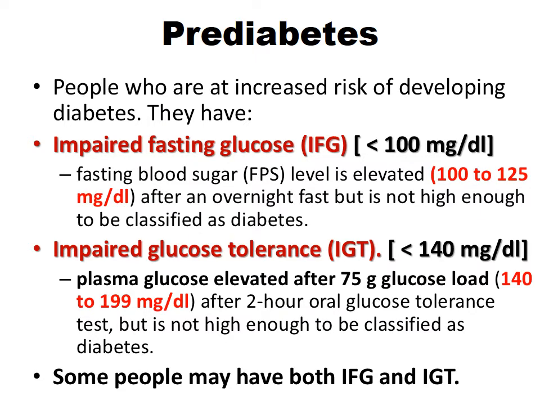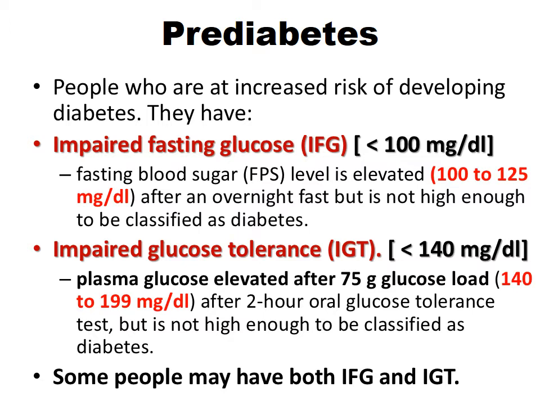Pre-diabetic patient. These are people who are at increased risk of developing diabetes. These people have an impaired fasting glucose test. Normally the blood glucose will be less than 100 milligram per deciliter, but in this group of patients the level will be 100 to 125 milligram per deciliter.